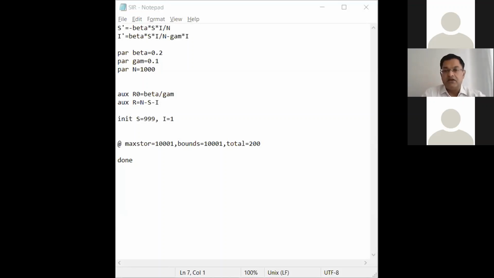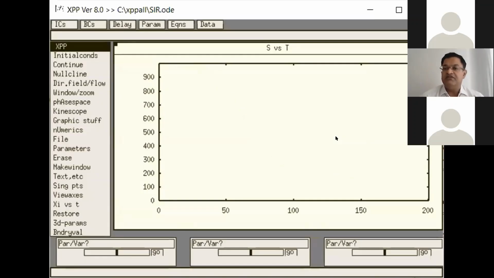So let's take a quick look at what the simulation would look like. And I'm going to switch sharing to simulation. All right, so this is the XPP window. And what essentially I've done is I've used this program XPP to run that script that I just showed. And I'm going to run it right now for you.